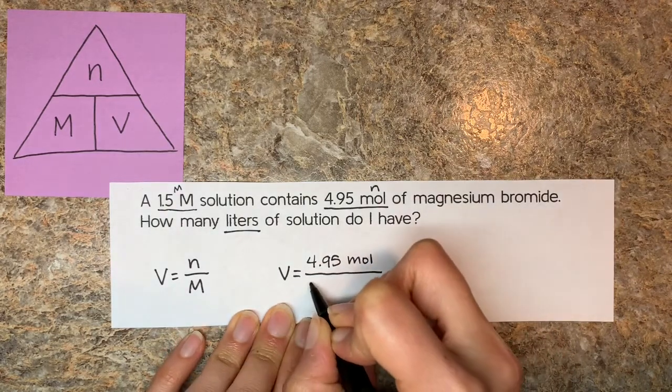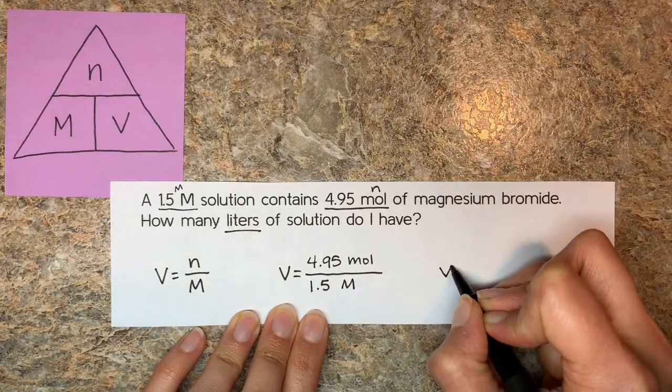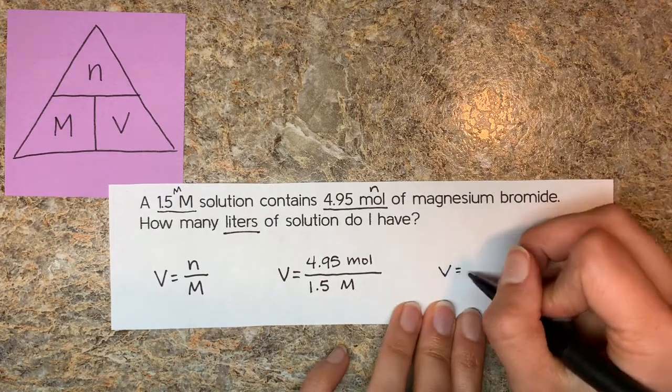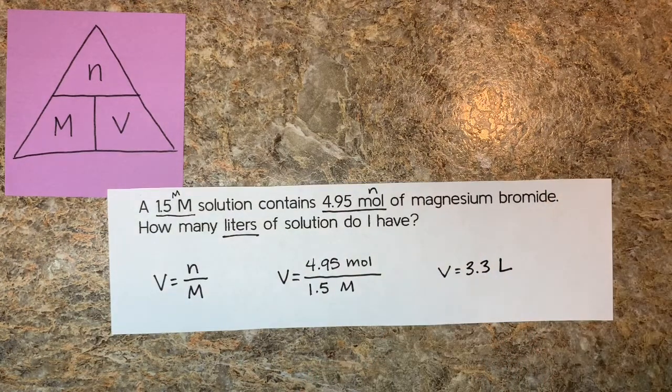My bottom number is 1.5 M. Next, you just have to plug this into your calculator. So you do 4.95 divided by 1.5, and you should get a volume of 3.3 liters of solution.